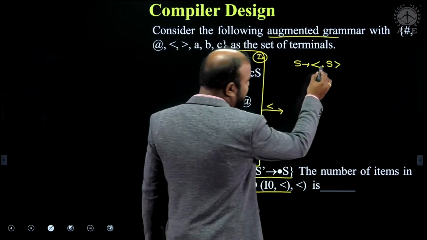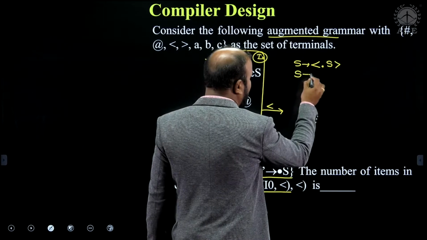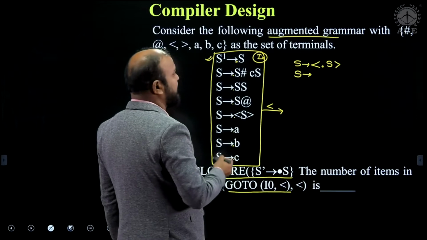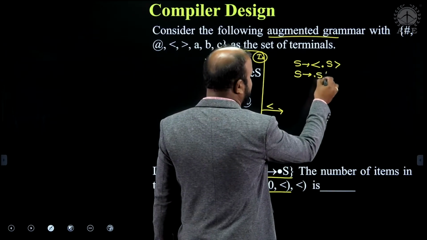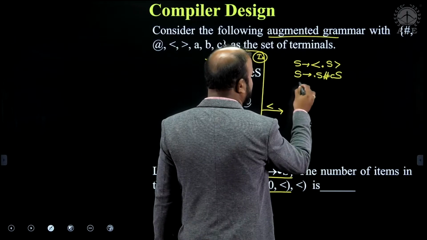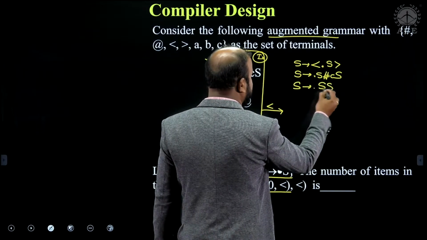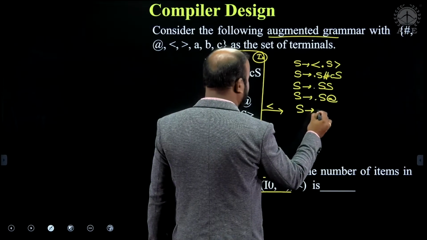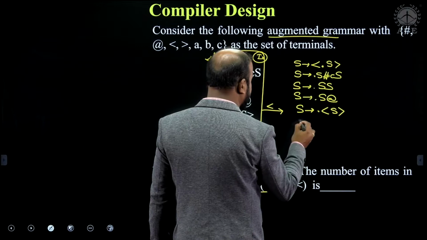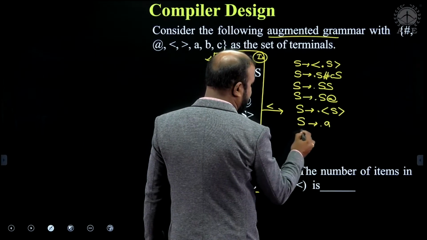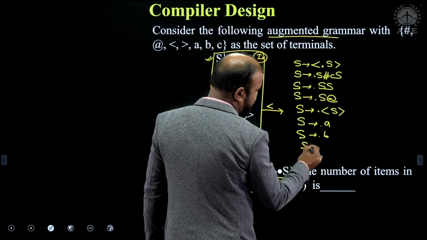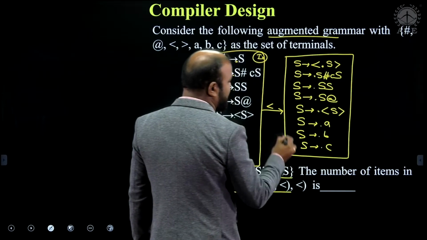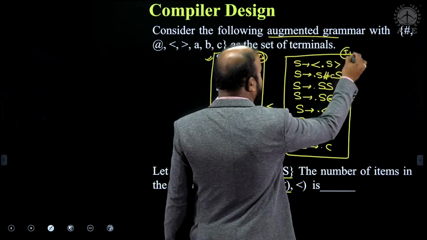But here you observe dot S means we need to add all the S productions in the same closure set. We do have 7 S productions, that is S tends to dot S # CS, S tends to dot SS, S tends to dot S at the rate S, S tends to dot < S >, S tends to dot A, S tends to dot B and S tends to dot C. This is one closure set. This closure set I am calling item 1, state 1.